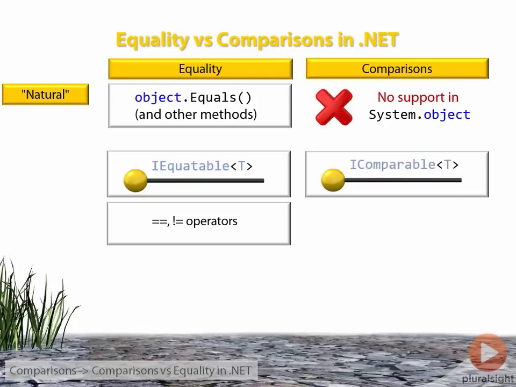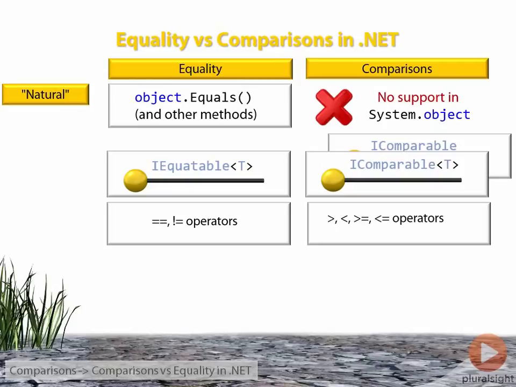The main feature of this interface is of course the CompareTo method. I should also mention there is an old non-generic IComparable interface, which we don't really need to worry about. It defines a CompareTo method which takes an object as an argument, so it's basically just the same as IComparable<T>, but it's not generic and not type safe.